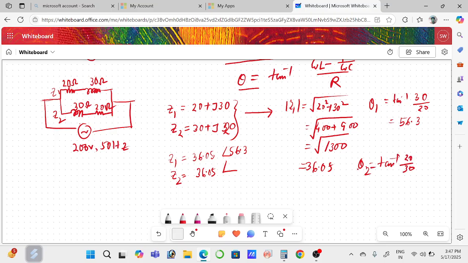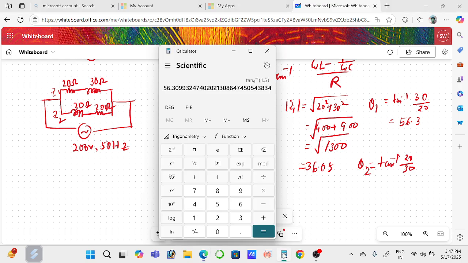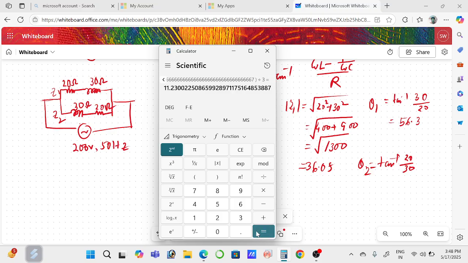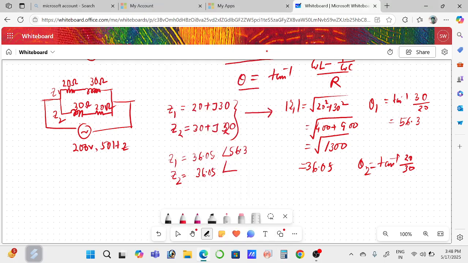That is 0.66, and the inverse trigonometric function of it comes around 33.69. So theta 2 here is simply 33.69.